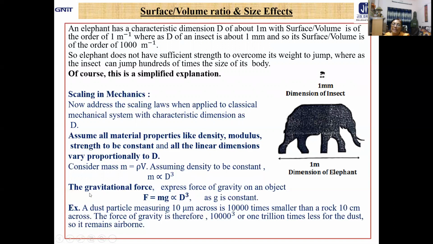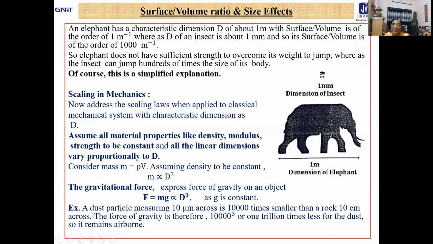Now let us take as an example the case of gravitational force, the most common one, which expresses the force of gravity, that is the weight of an object. Now just take a look. F equal to mg, the force of gravity is proportional to d cubed, because g, the acceleration due to gravity, is a constant 9.8 meter per second square.